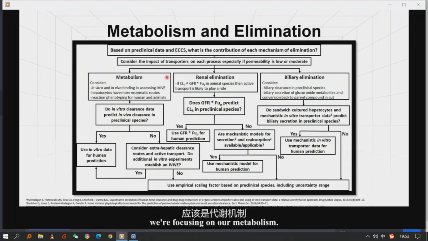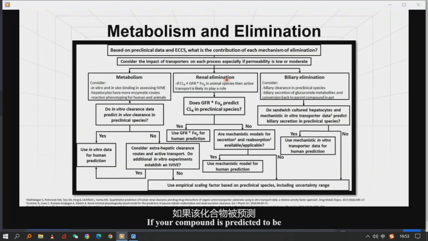So the mechanisms that we're focusing on are metabolism. So if your compound is predicted to be cleared predominantly by metabolism, can you establish an in vitro, in vivo extrapolation in the preclinical species that verifies that you can use microsomes or hepatocytes to predict the clearance in the preclinical species? And then you would use that liver fraction to predict the clearance in human.